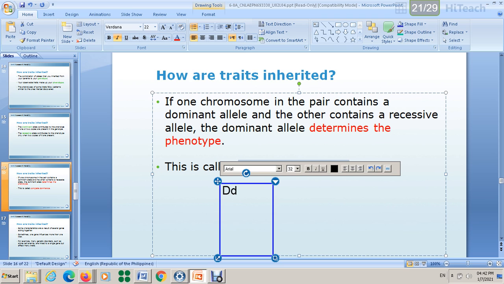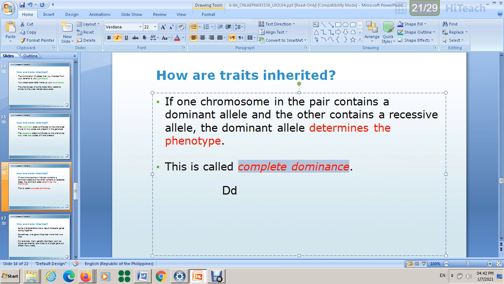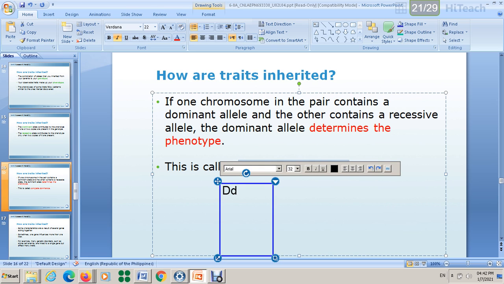So which phenotype will appear? The one for capital D, which represents the presence of, for example, a dimple. So this one is a complete dominance. Let's continue now to give examples of these.